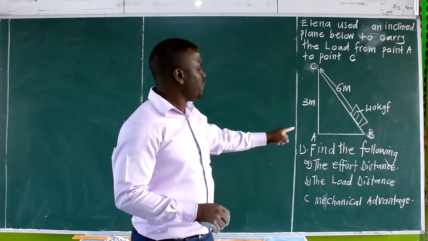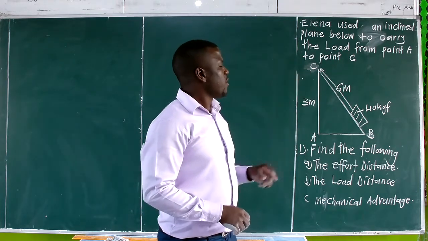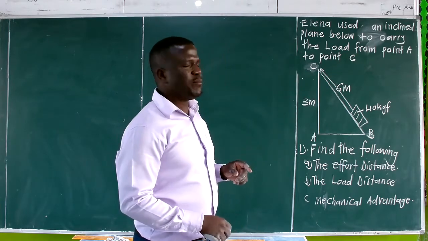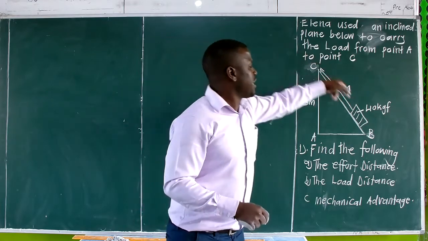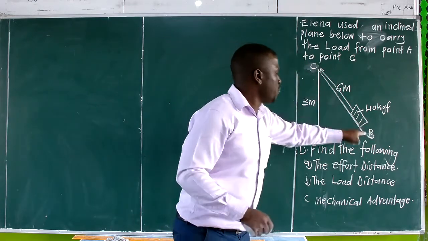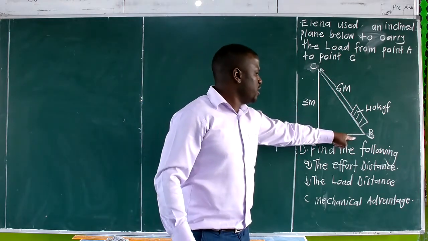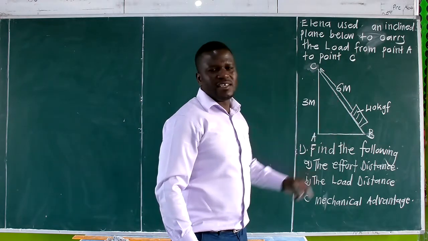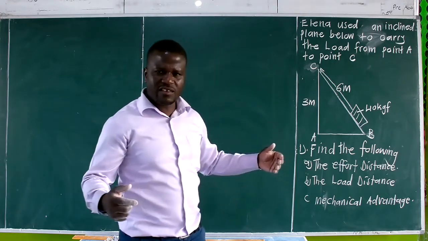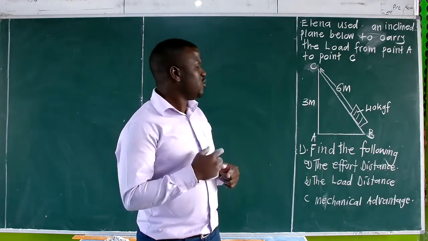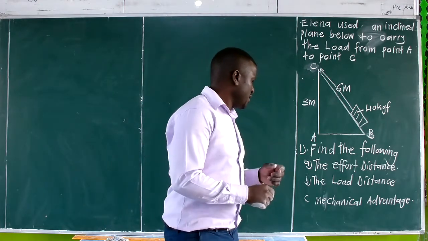Now, instead of carrying the load from point A to point C, we put an inclined plane. We can put a ladder, we can use a staircase, we put an inclined plane which is point C to point B. So this one will help you carry the load using less effort, because an inclined plane is a slanting surface. It helps us to carry the load using less effort.